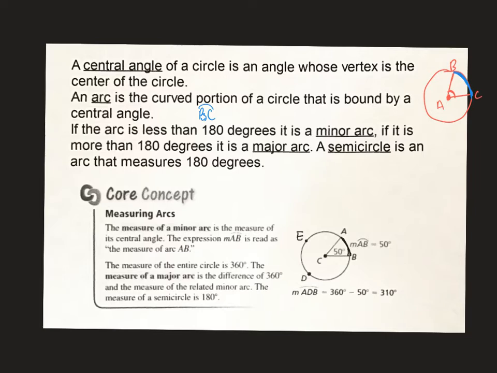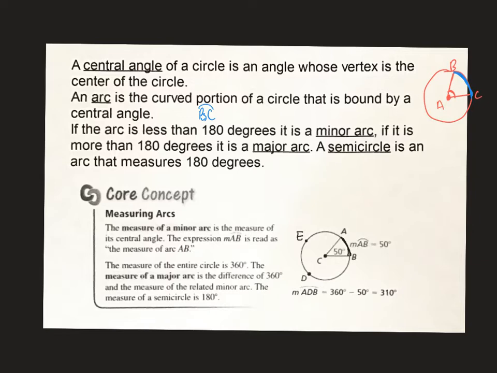We have 3 different types of arcs. We have minor arcs, major arcs, and semicircles. So a minor arc is going to be an arc that has a degree less than 180 degrees. Major arcs have an arc more than 180 degrees, and semicircle arcs are equal to 180 degrees.